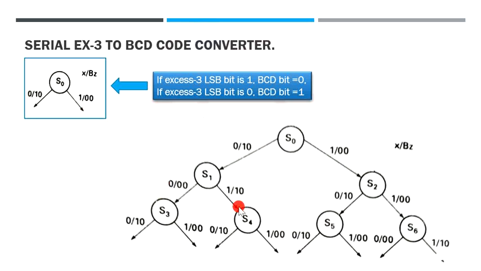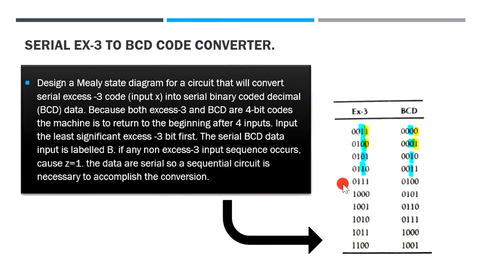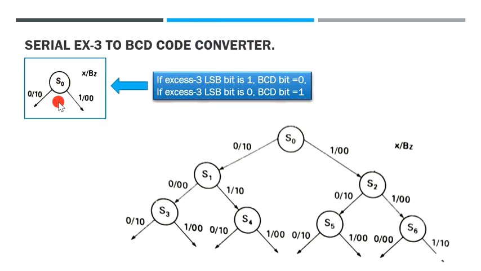Now from S1 and S2 you will have 4 different combinations, that is 0 to 0, 1 to 1, 0 to 1 or 1 to 0. So this way you will have 4 states, S3, S4, S5, S6. Next, in a similar manner, you need to look for the third bit in each case.